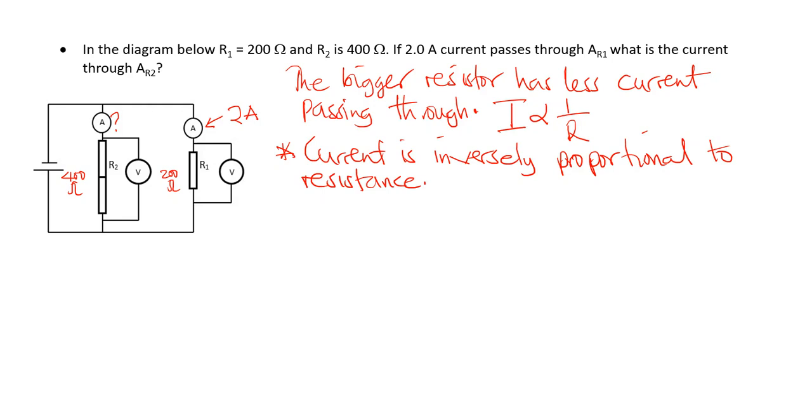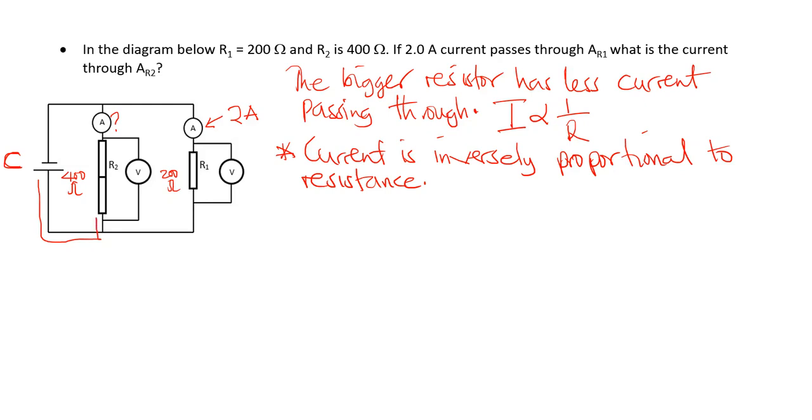So if we start from this point, let us call this point big C for current, current will move this direction and it will get to this direction. When it gets to this direction, it will divide.